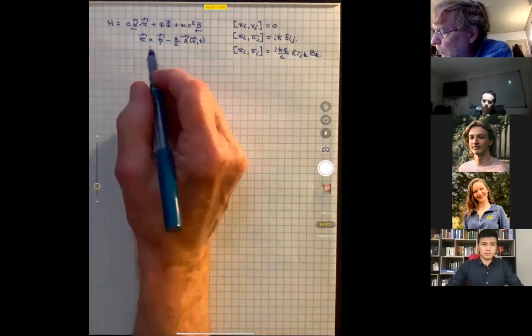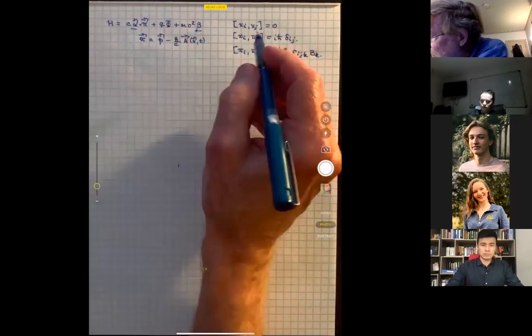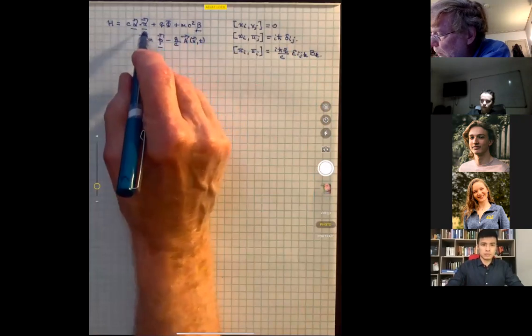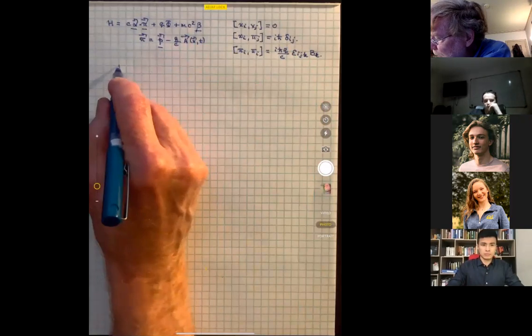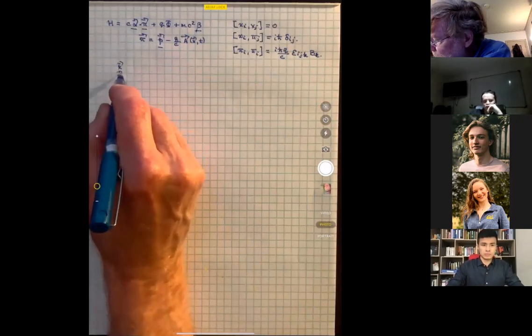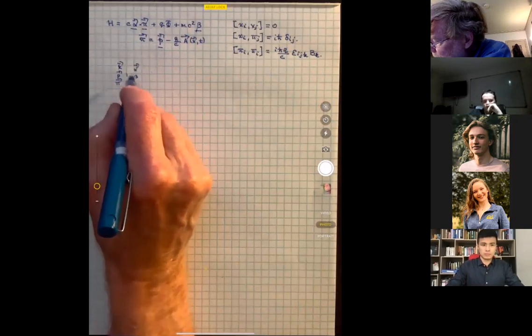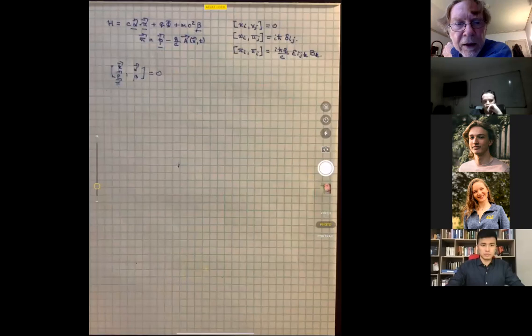And they commute with any purely spatial operator, which includes position x, momentum p, or kinetic momentum π. They're all purely spatial. So we have basically x vector, p vector, or π vector all commute with the α and the β. Those commutators are all zero because they act on different degrees of freedom effectively.